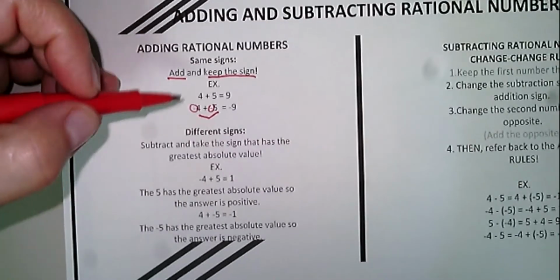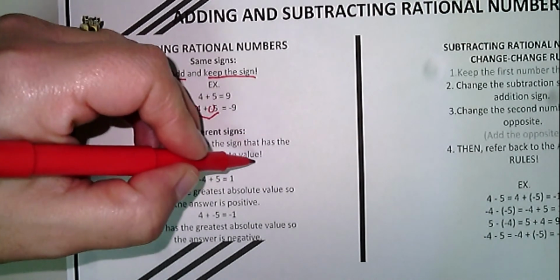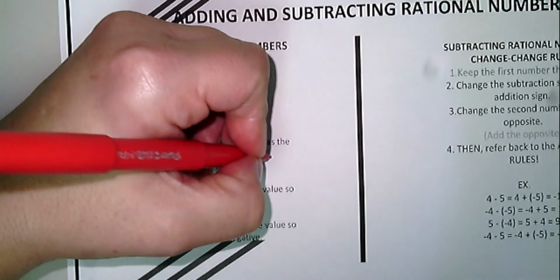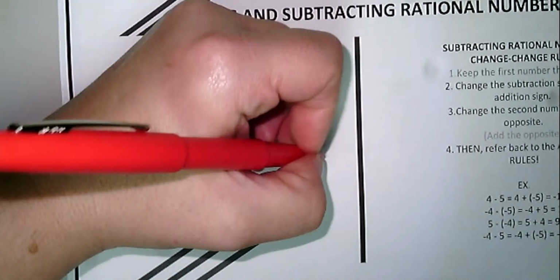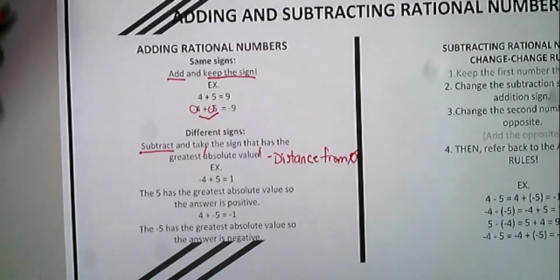Now, if you have different signs, it says subtract and take the sign that has the greatest absolute value. And if you guys remember back a few lessons ago, absolute value means distance from 0. Okay, distance from 0.